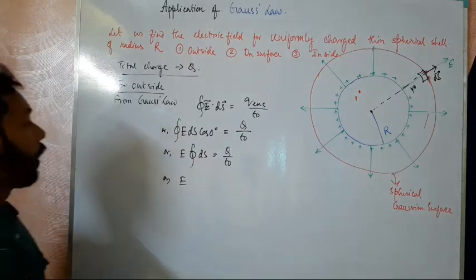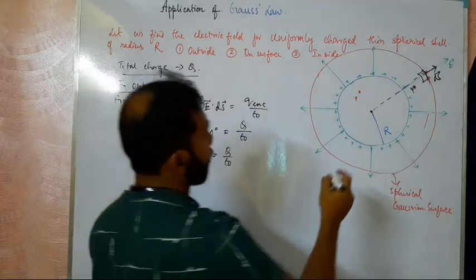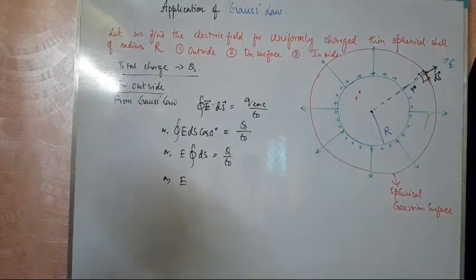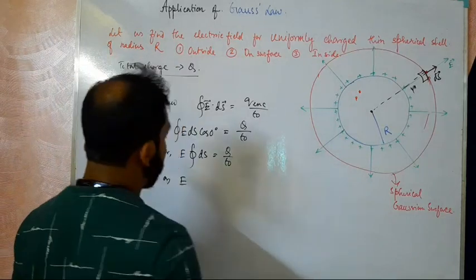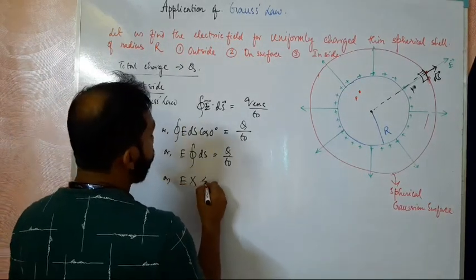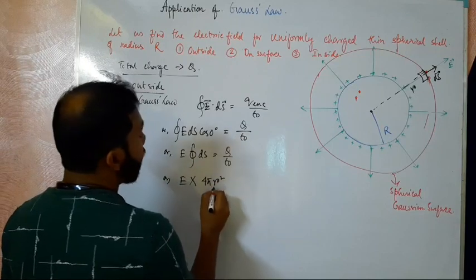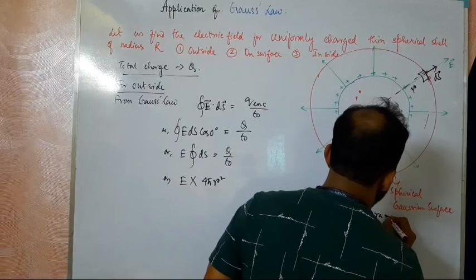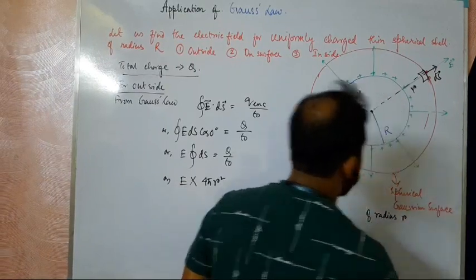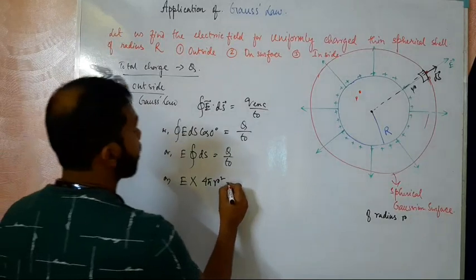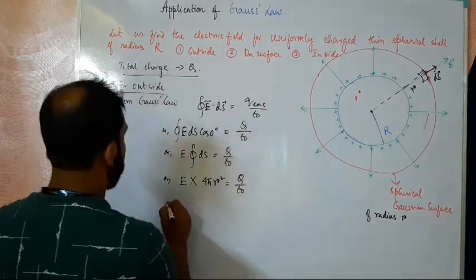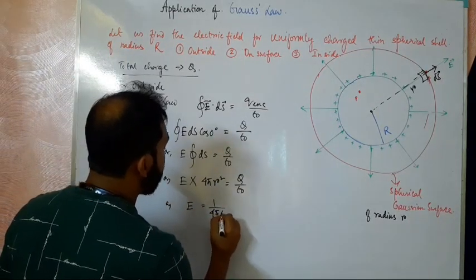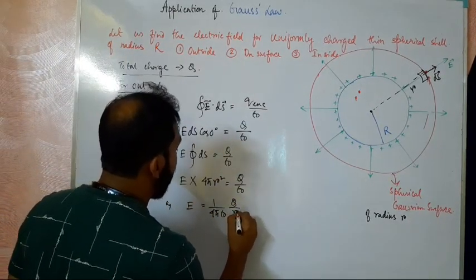If we integrate dS over the total Gaussian surface, we get the total surface area of the Gaussian surface, which is 4 pi r squared, since r is the radius of the Gaussian surface. Q by epsilon naught remains as it is. So the electric field becomes 1 by 4 pi epsilon naught Q by r squared.